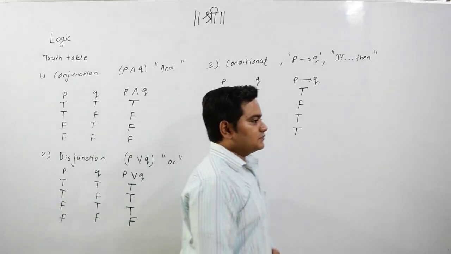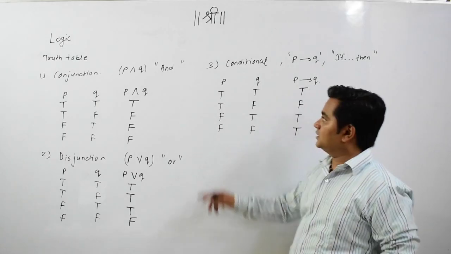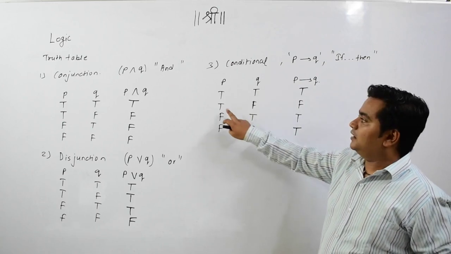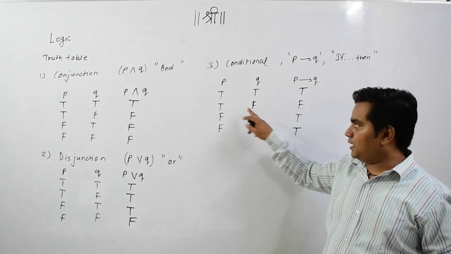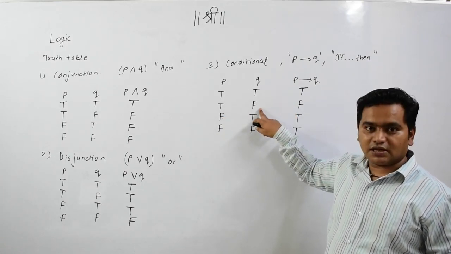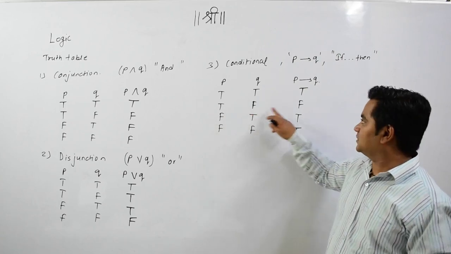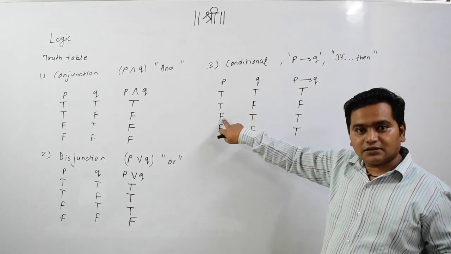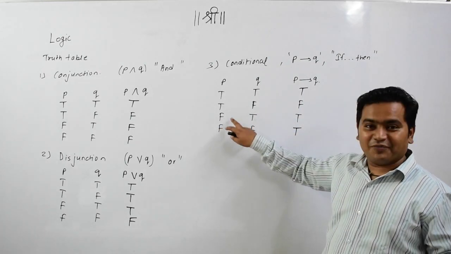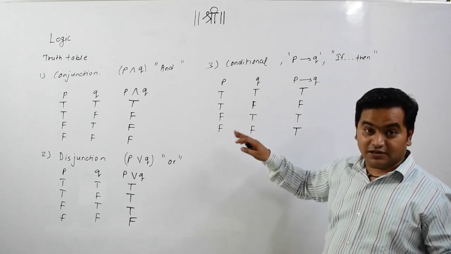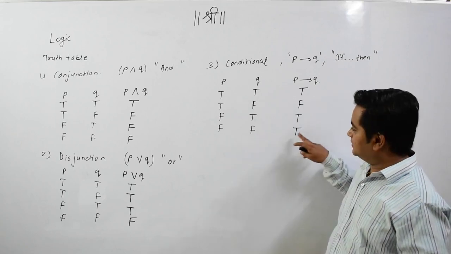So there was one sentence we used to apply for this conditional. What was that statement? अभ्यास केला तर पास होशील. ओके, अभ्यास केला पास झाला, अभ्यास नाही केला नापास झाला. बरोबर आहे. अभ्यास केला नापास झाला, शक्य आहे का? नाही शक्य. फॉल्स. अभ्यास नाही केला तरी पास झाला, कॉपी केली पास झाला, शक्य आहे. दिस अ पॉसिबल केस. अभ्यास नाही केला नापास झाला, तेही शक्य आहे.